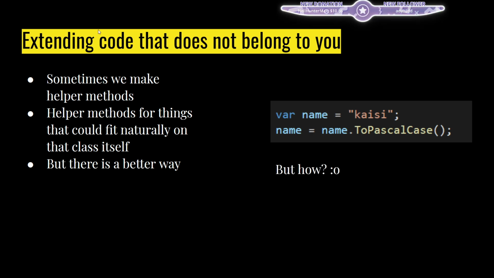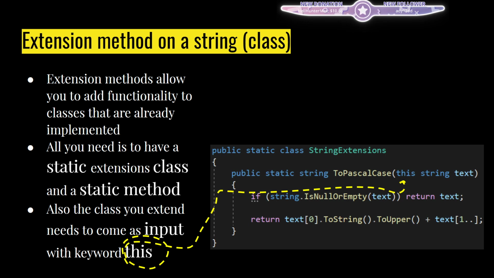So how do you do it? There are two parts to extension methods. Extension methods have to be in a static class. So they're static methods essentially. Static methods in a static class, and the first parameter needs to be marked with the this keyword.